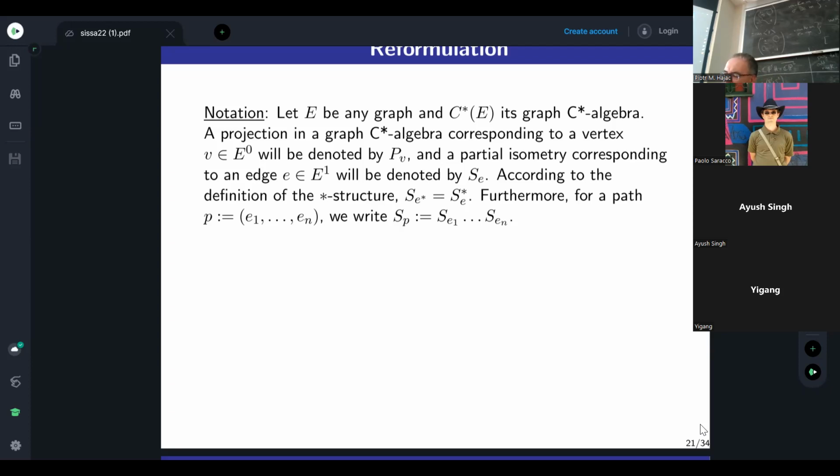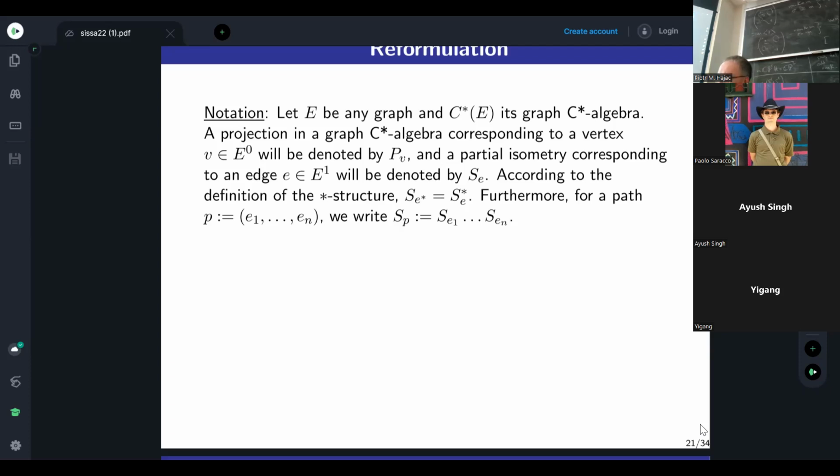So whenever I have a generator corresponding to a vertex V in E0, I denote it by PV. That's a projection, remember, from the definition of the sister algebra. And a partial isometry corresponding to an edge E will be denoted by SE. This is traditional notation in graph sister algebras. Now remember that according to the definition of the star structure, S of E star, where E star is now a ghost edge, is by definition of star structure the adjoint of SE.